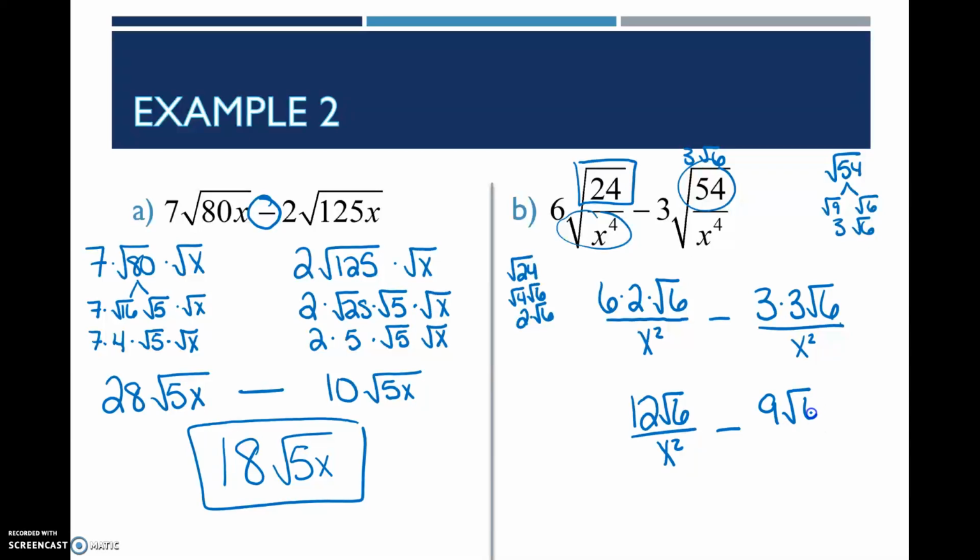And 9. And here's the really interesting part about this. Do you see how this part is the same on both of them? So 12 minus 9, what's 12 minus 9? 3. Our final answer is 3 square root of 6 over x squared. Because the square root of 6 over x squared is the same on both of them, you can do 12 minus 9 to get 3, and then put that stuff with it.